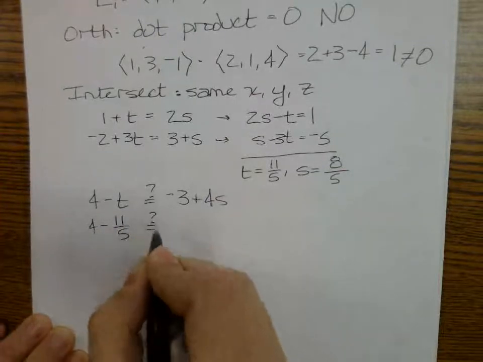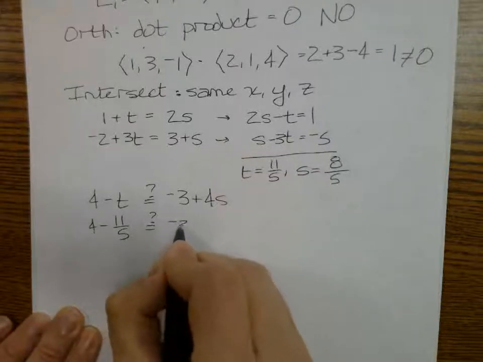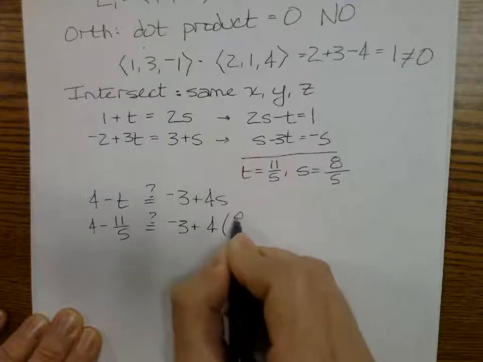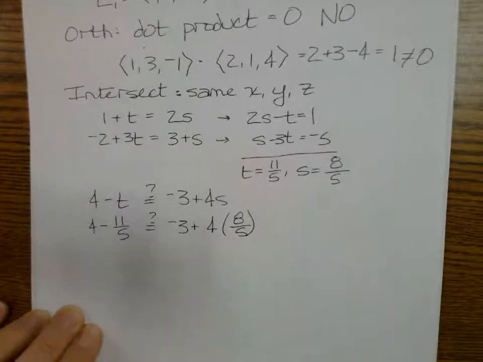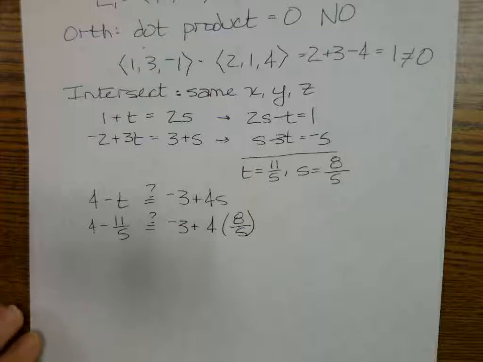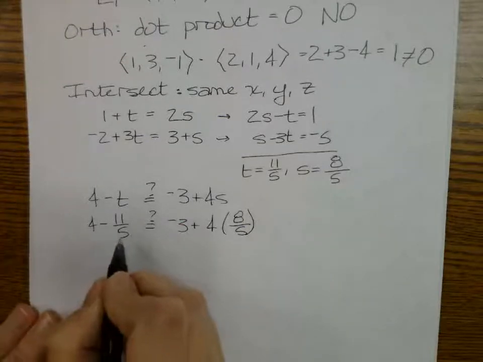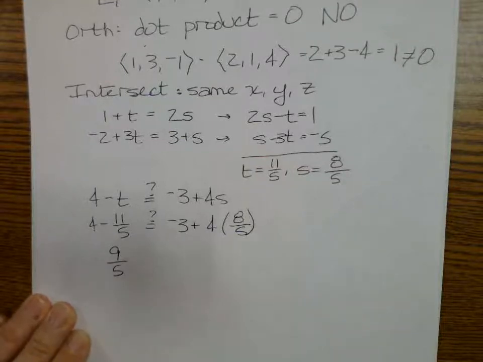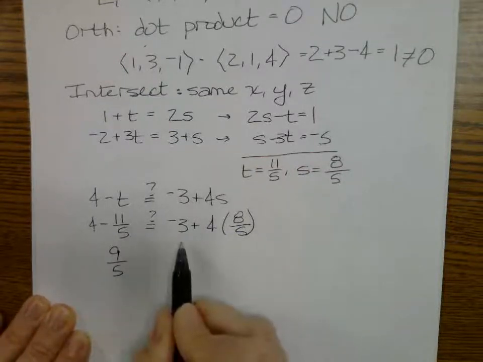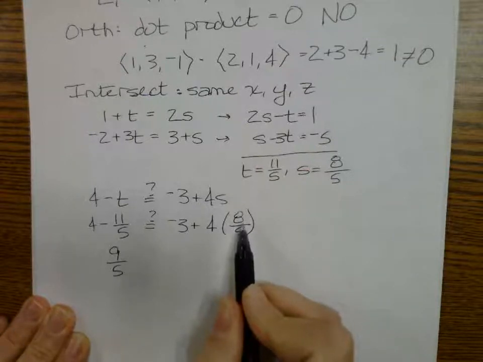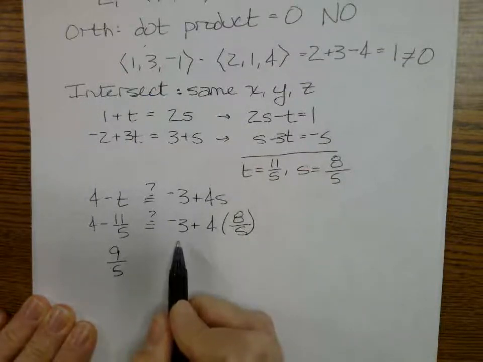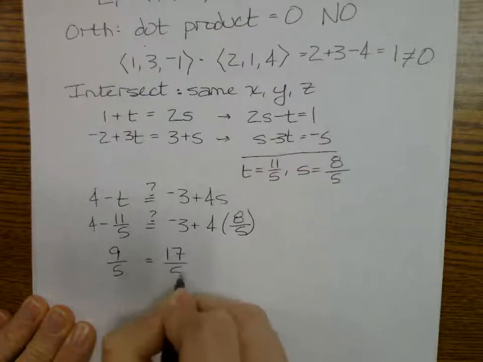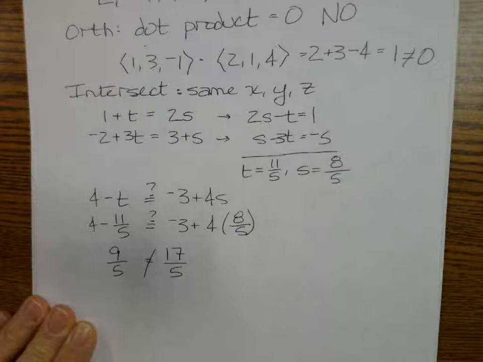Is that the same as -3 plus 4 times 8/5? It's not looking good. 4 minus 11/5 is 9/5. -3 plus 32/5. 32 minus 15 is 17/5. And that's a big no also.